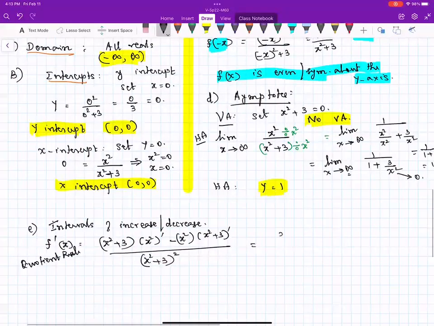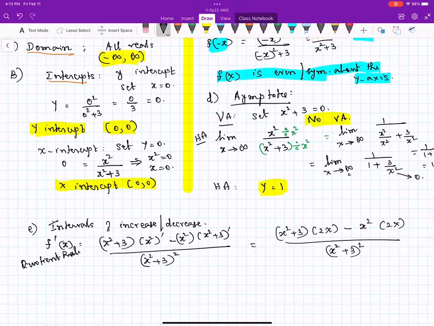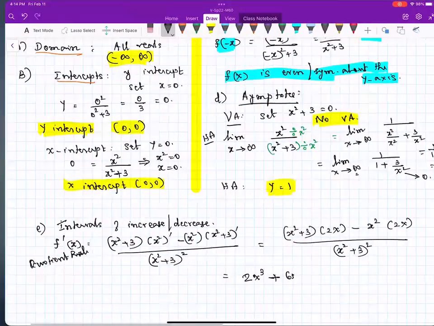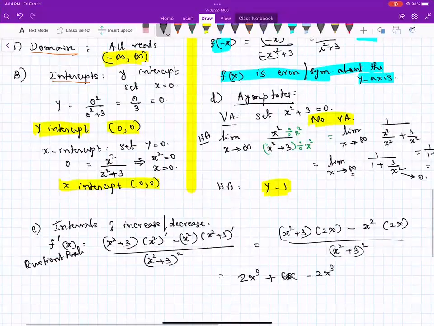So it is x square plus 3 times 2x minus x square times 2x, divided by x square plus 3 the whole square. So if you distribute, you get 2x cube plus 6x minus 2x cube, all divided by x square plus 3 the whole square. That is f prime x.